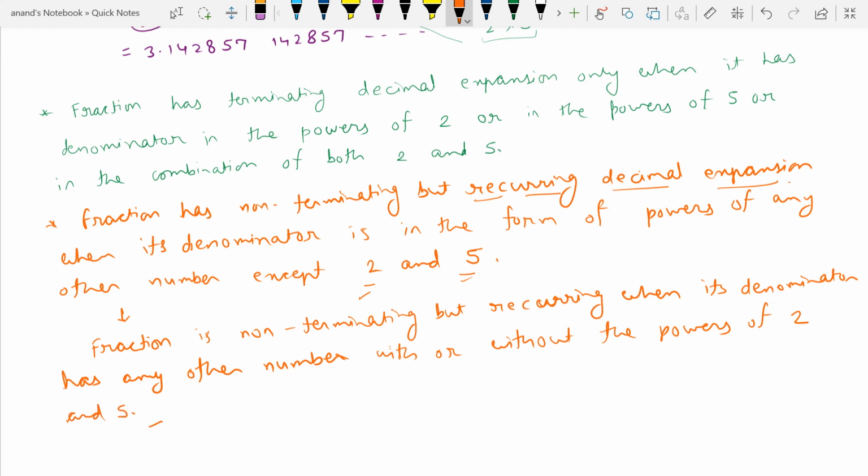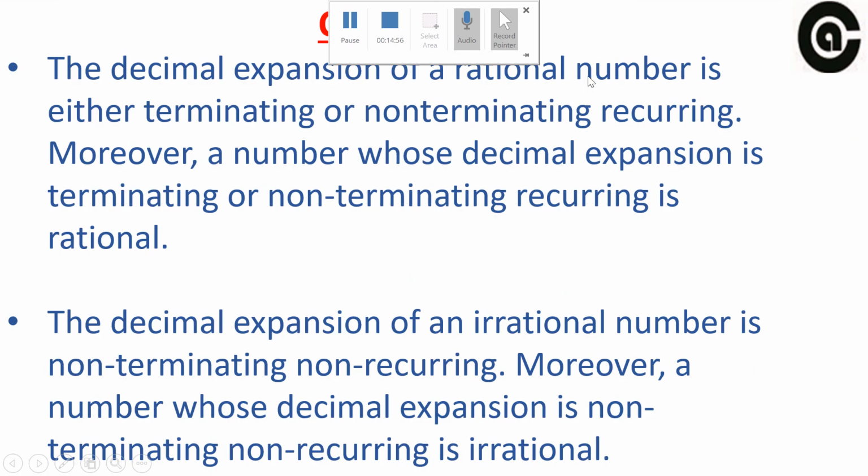So we can conclude that the decimal expansion of a rational number is either terminating or non-terminating, but it is recurring in nature.